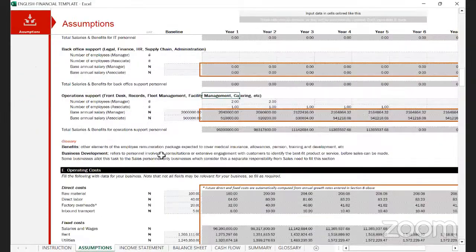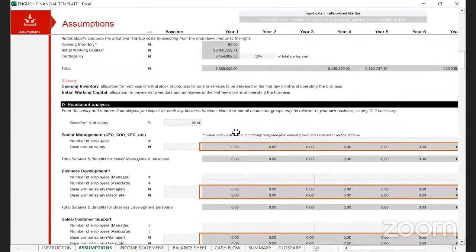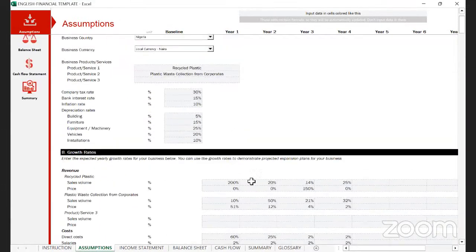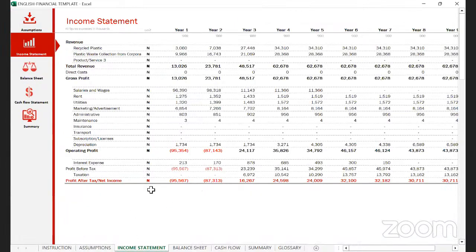Or you can also go back and improve your revenue growth rate. But as you're improving your revenue growth rate, it's not just by typing in the numbers. You also know that as a business owner, you're going to have to work harder so that you can grow your revenue fast enough so that you're not running at a loss for the first 2 years. So you can see the numbers have improved, and then you might need to tweak it 1 or 2 times.